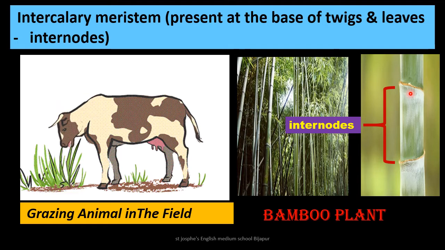Intercalary means in between, and meristem comes from meristematic tissue. So the intercalary meristem, situated at the nodes, is what causes the regrowth of the grass.